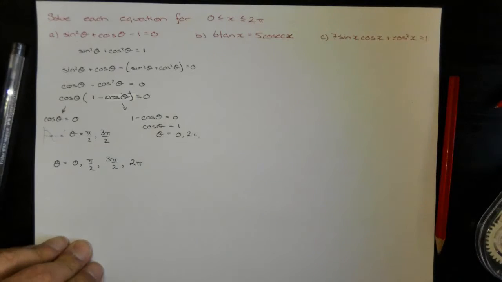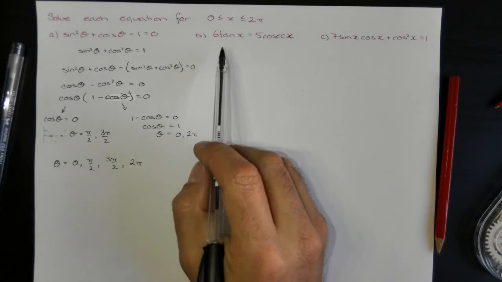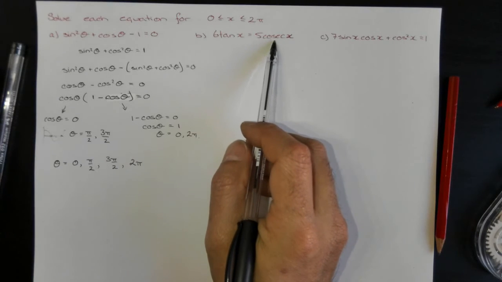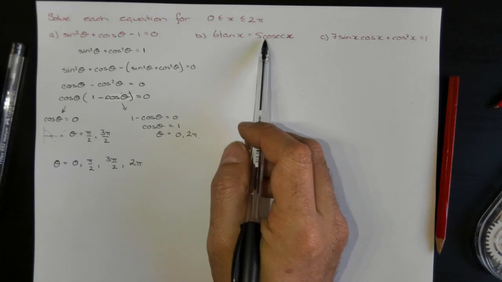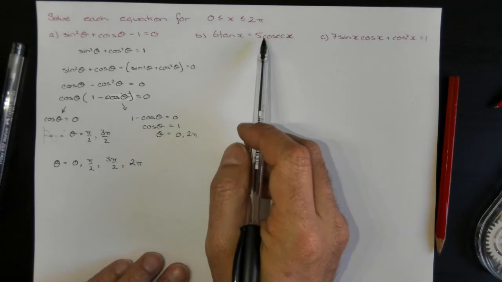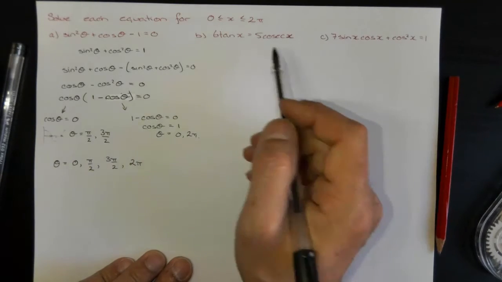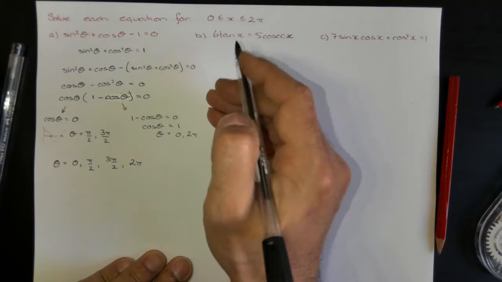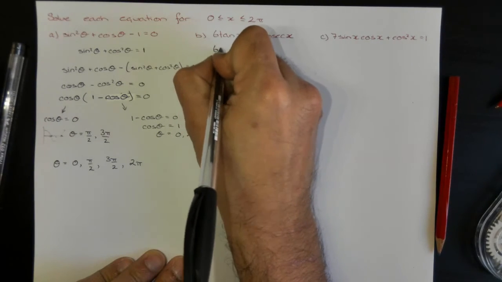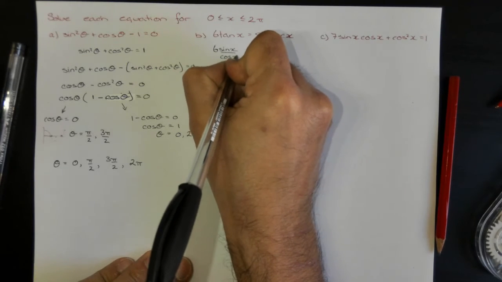Looking at the next example, we got 6 tan and 5 cosec. Once again, we've got a tan and a cosec, so that doesn't really help us. We need to manipulate it so that we get the same. So if I change this into terms of sine and cos, we get sine x over cos x.